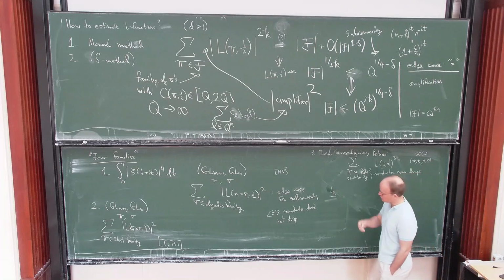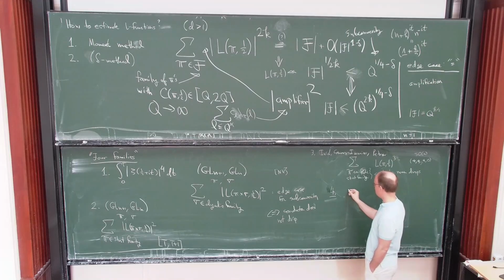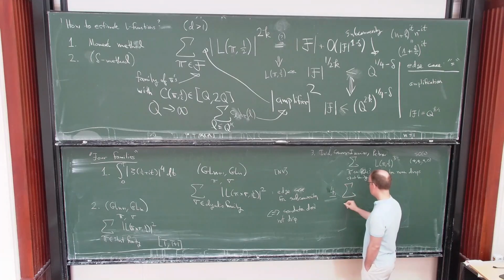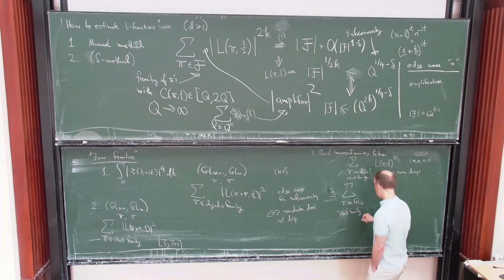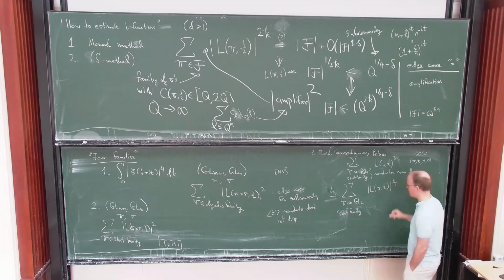And then the fourth kind of family of moments that we can evaluate that are relevant for subconvexity is the fourth moment for GL2. It's the short family case that is relevant for conductor dropping of the fourth power here.